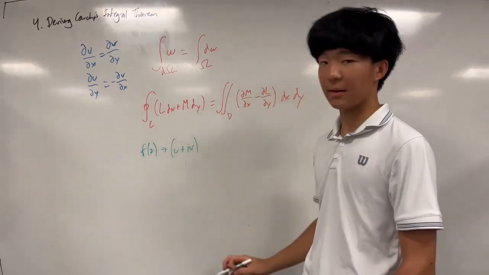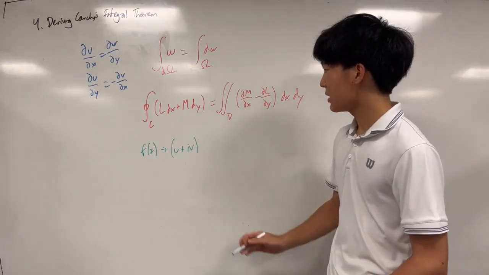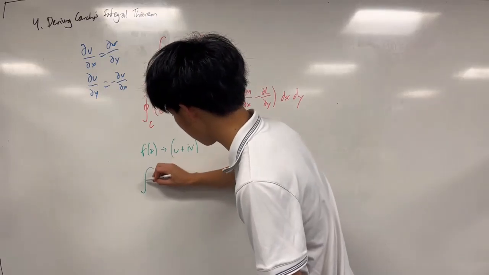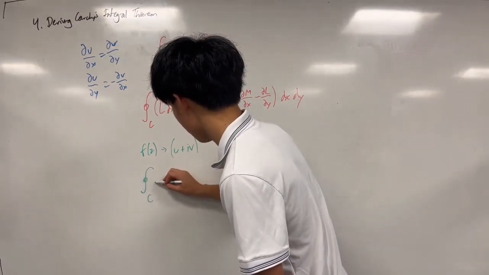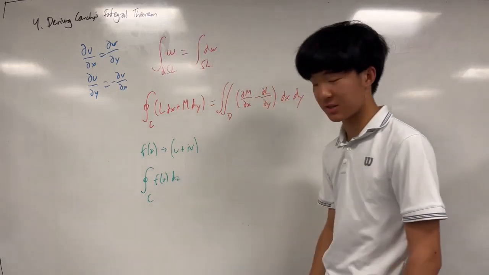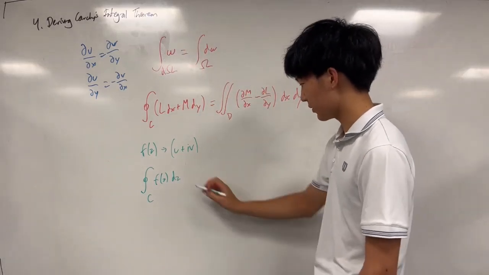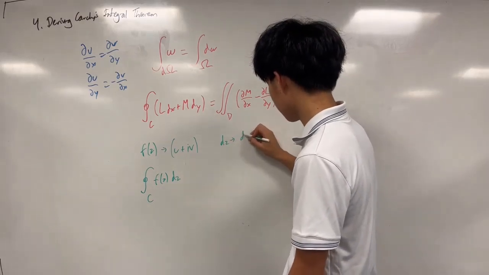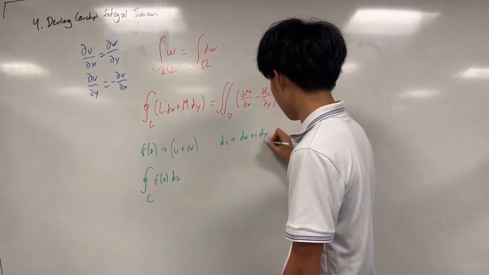We'll skip the x and y for now. So let's try taking the integral over C of this with respect to z. We can also break the differential dz into dx plus i dy.